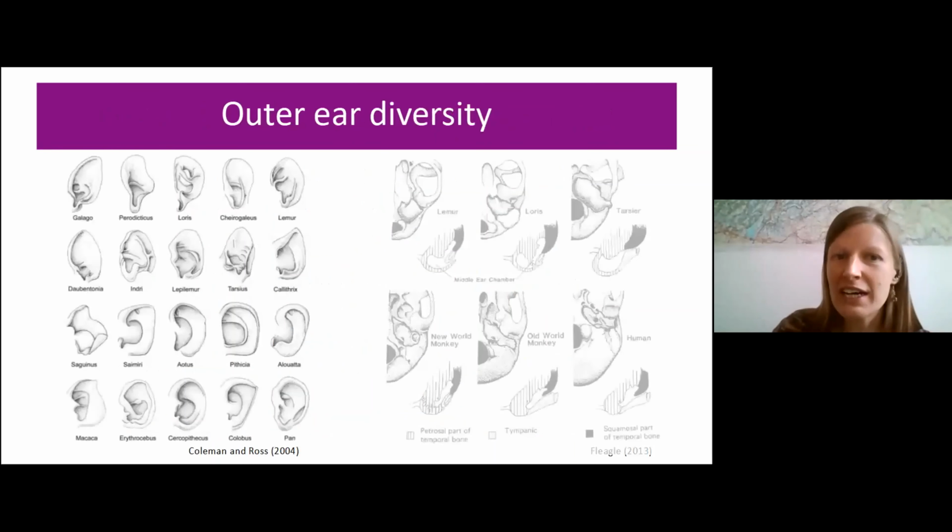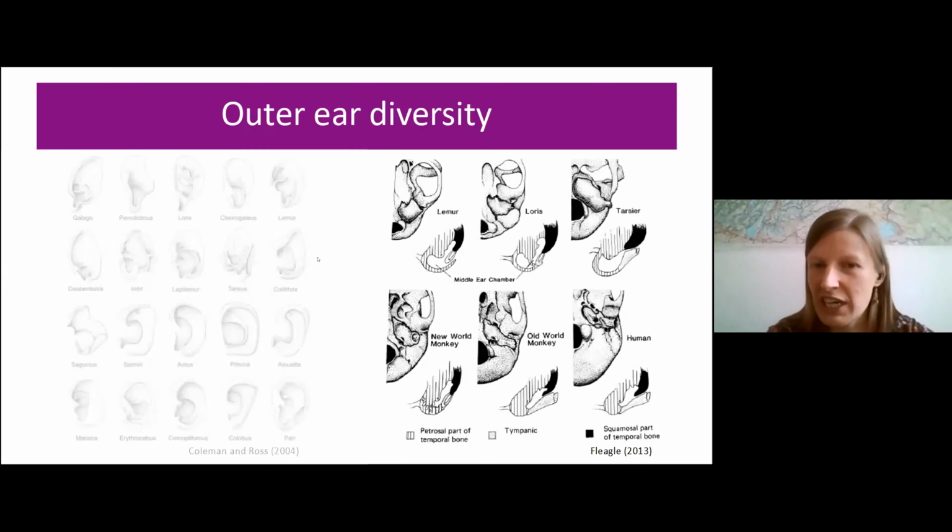So when we look at the outer ear diversity, first we have an innovation in mammals. This is this external ear with the pinna. Here, for example, you have the diversity in primates. So this is one innovation. This is present just in mammals.